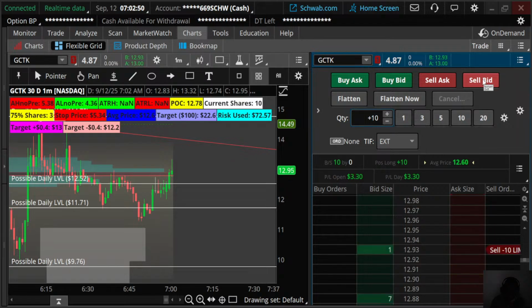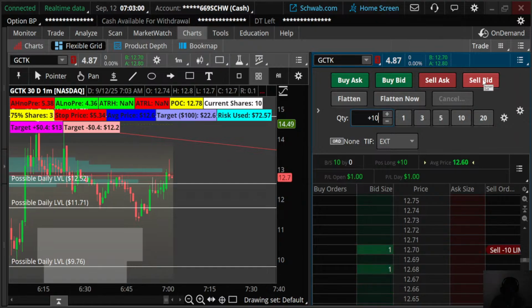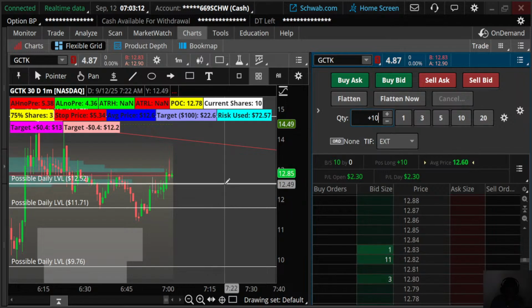Come on now, get those 13s up there. A little bit more volume coming in there. Let's see if we can push up some more. Okay, what's the bottom of this? The bottom of this is 12.63. I'm in at 12.60. Can you continue to push over this level of the 13s?